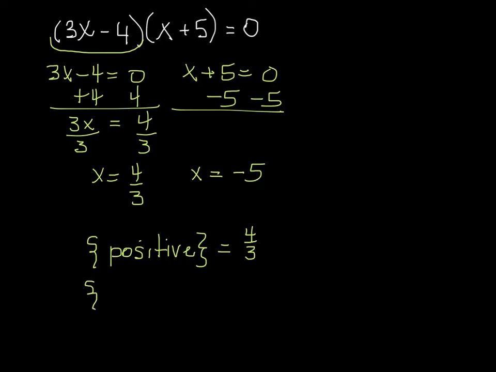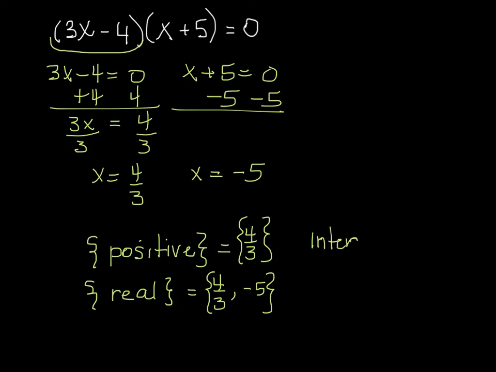If we were asked to solve it using the set of real numbers, you would list both as solutions in set notation. If we were asked for only integers, then the only solution I would give is -5.